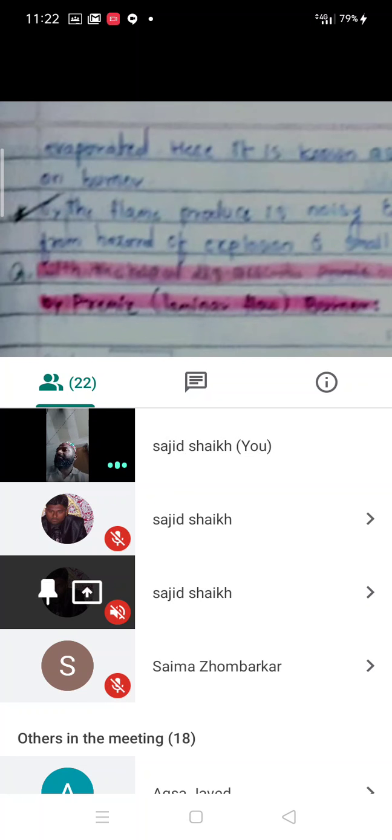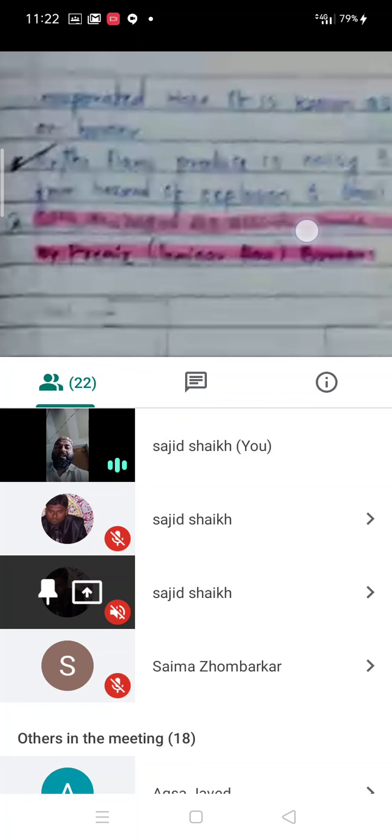These are the things about the flame which will be produced by this total consumption burner.